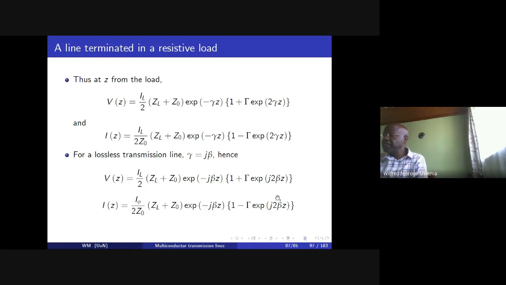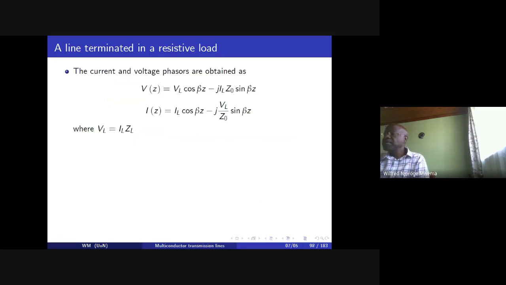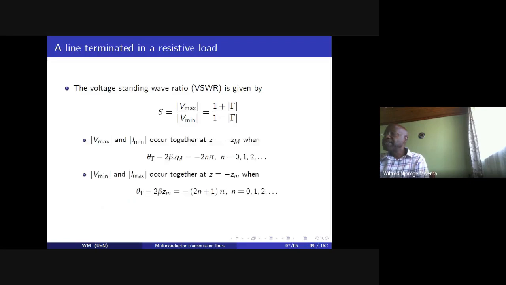And therefore, if we take two adjacent points, it will be representing a lambda that is half the value.